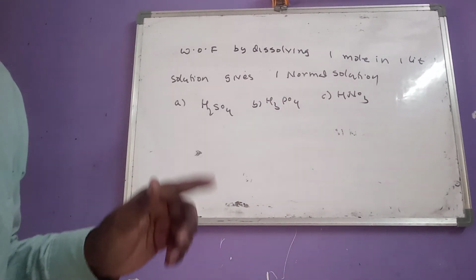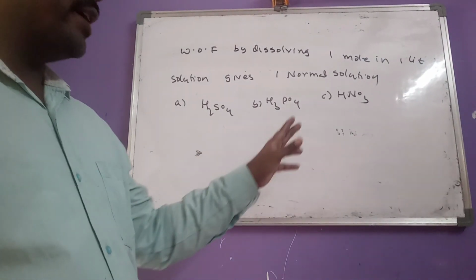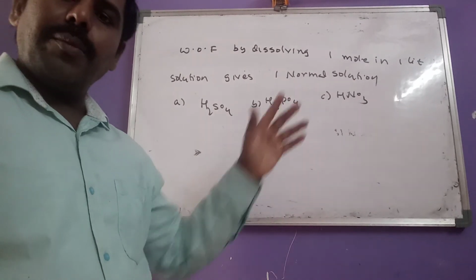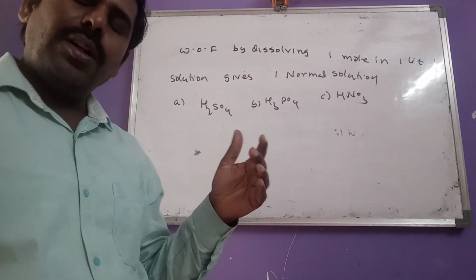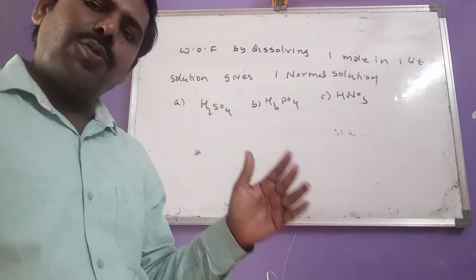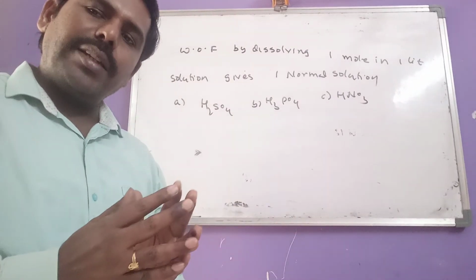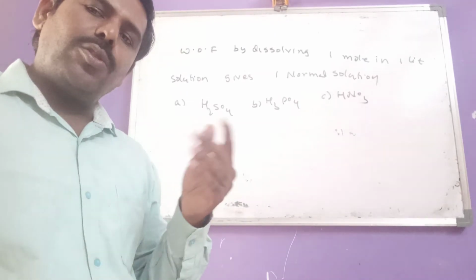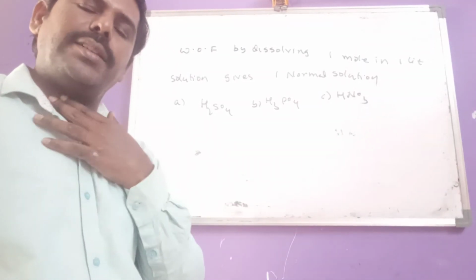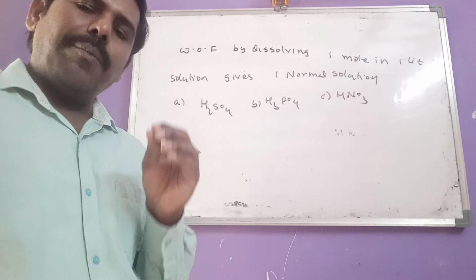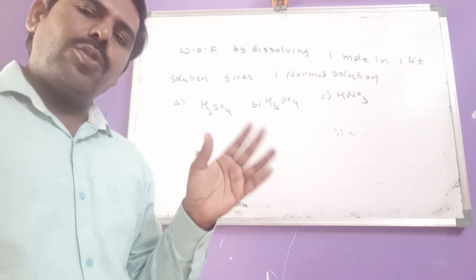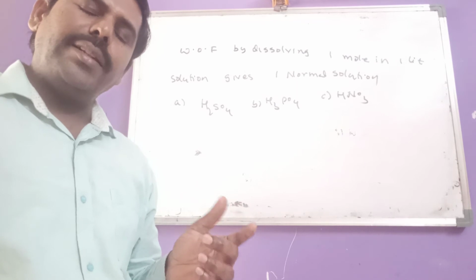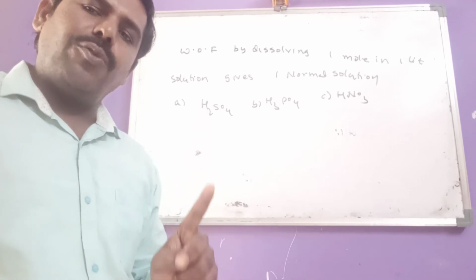solute in 1 liter, generally we get a 1 molar solution. But we have to get a one normal solution, so 1 molar should be equal to 1 normal. That means gram molecular weight should be equal to gram equivalent weight. If gram molecular weight is equal to gram equivalent weight, for any acid its basicity is 1.